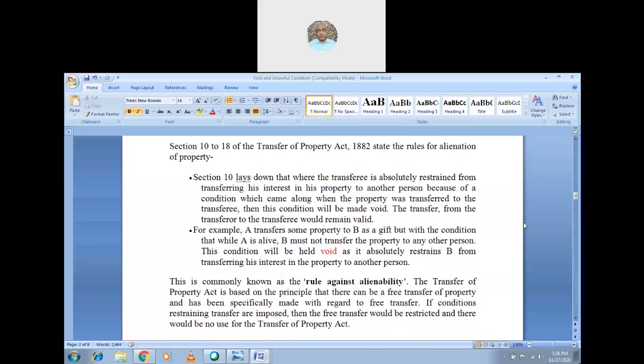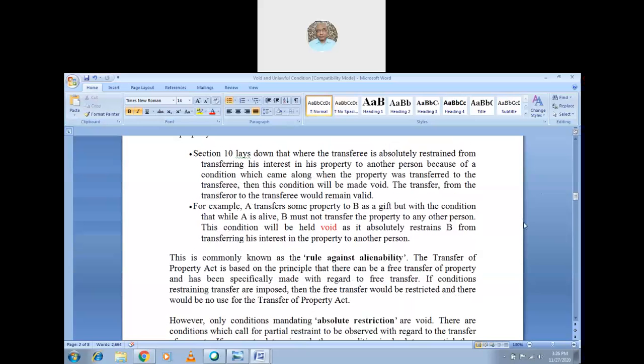Section 10 lays down that where the transferee is absolutely restrained from transferring his interest in the property to another person because of a condition which came along with the property when it was transferred to the transferee, then this condition will be void. The transfer to the transferee would remain valid.